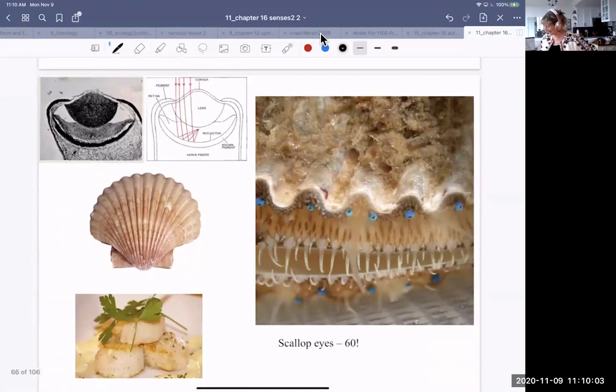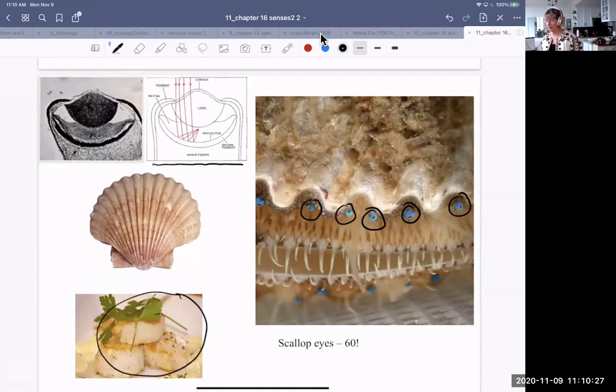You don't think of that, but scallops have these little lens and cornea eyes. Here they are. This scallop has 60 little eyes that can determine what's in its surroundings, like say a sea cucumber, which eats them, and it will scatter away really quickly. Or you can eat scallops too. They're very delicious.